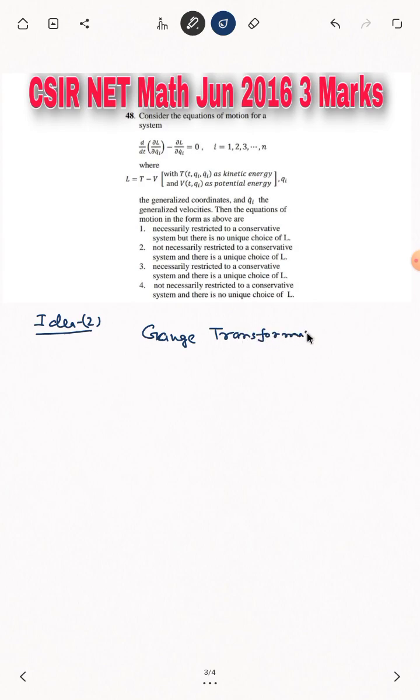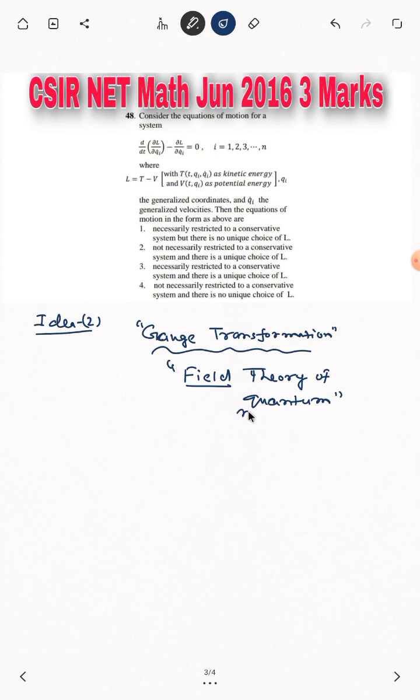Actually, this type of transformation is very important in field theory, the famous field theory discovered by Albert Einstein himself, and in the field theory of quantum mechanics. But we don't have quantum mechanics in our syllabus, so we should bother least about that. The thing we have is only classical mechanics.